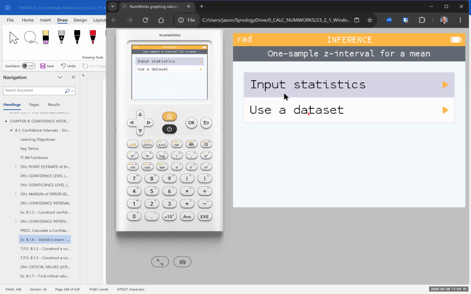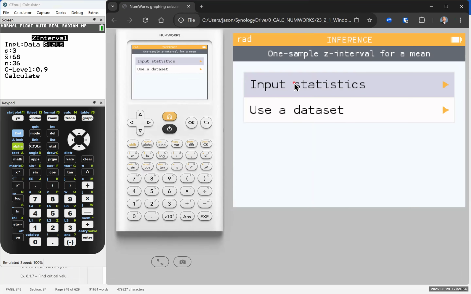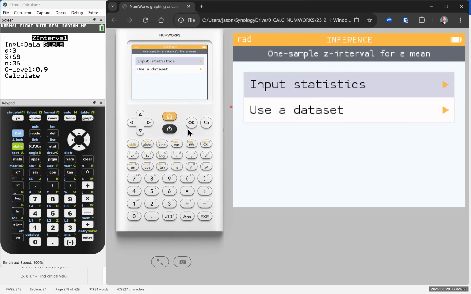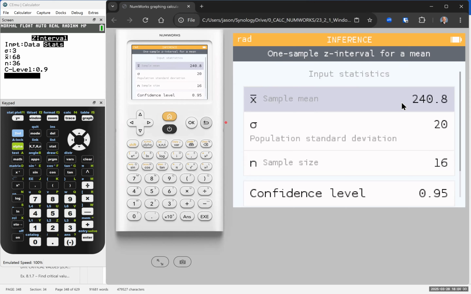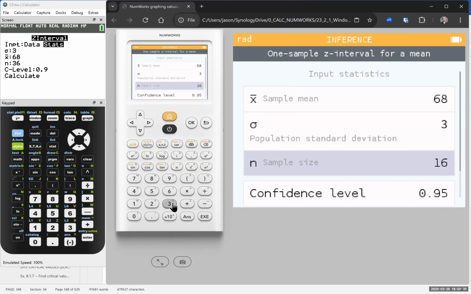And we could use a data set or we could use statistics, just like the Texas Instruments calculator gave us data or stats. We're going to input statistics. Okay, our point estimate was 68. Standard deviation was 3. Sample size was 36 with a confidence level of 0.9.